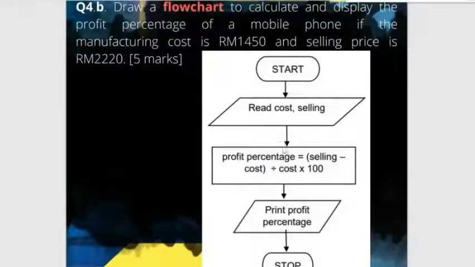You can see that all the arrows must touch as well. Okay, more is fine, just don't be less. If not, marks will be deducted, up to 1 mark. Okay, so this is for sequence. This is only a simple sequence flow chart. So let's look at question number 5.